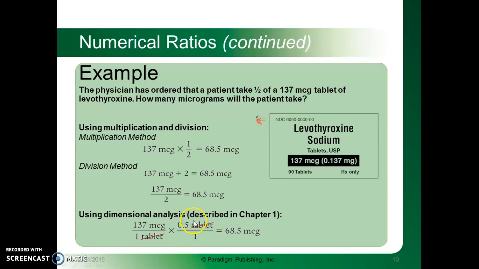In this scenario, they did use a decimal instead of the half, so it converted the half to a decimal, which is 0.5 tablets per 1 dose. So tablets cancel, and you multiply 137 times 0.5, which gives us 68.5 micrograms.